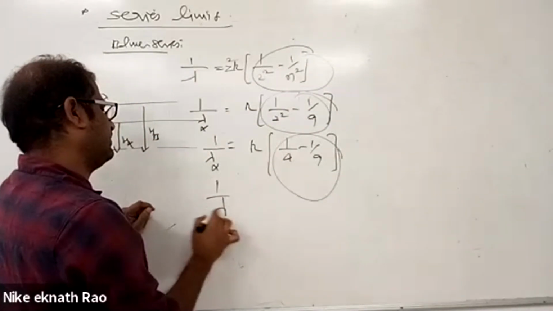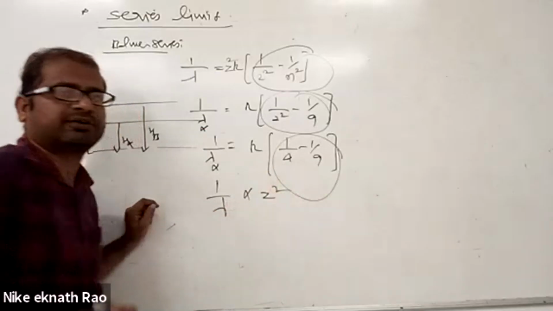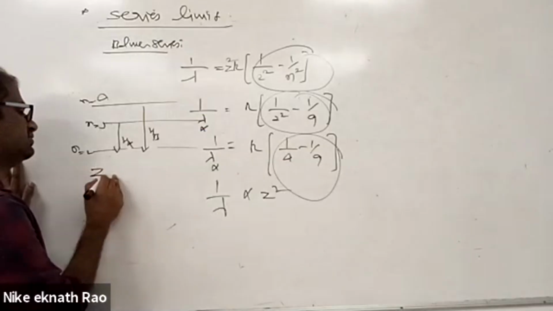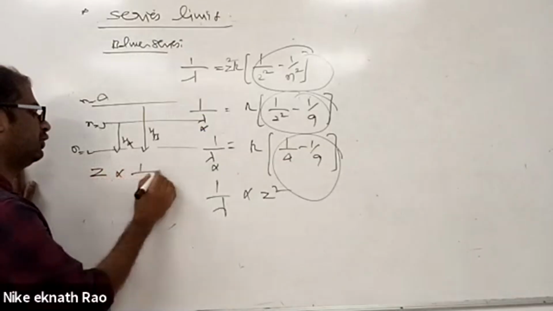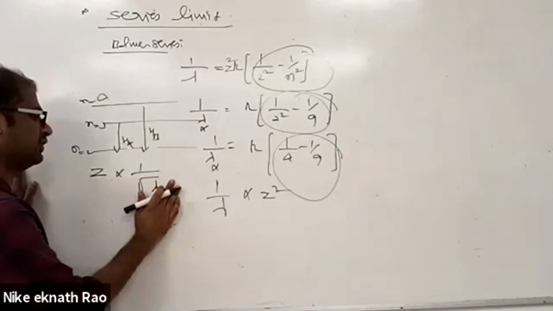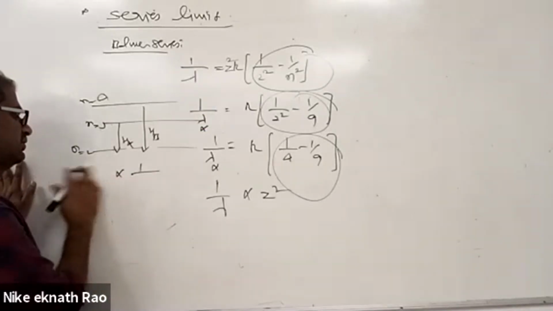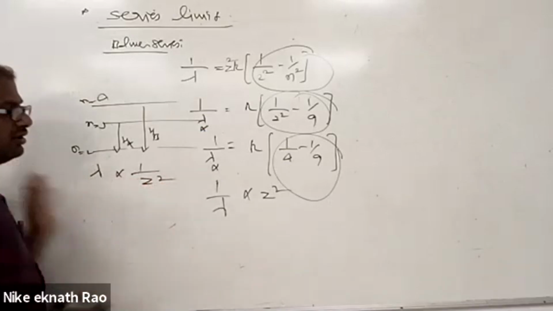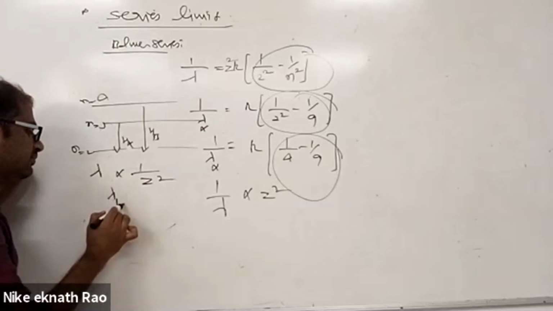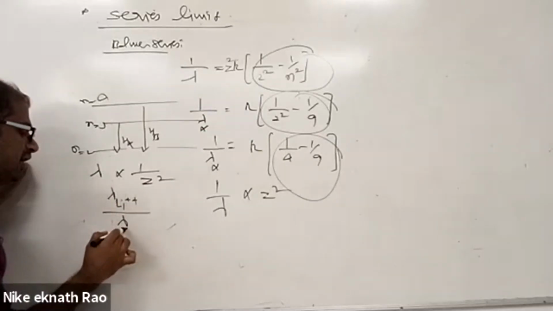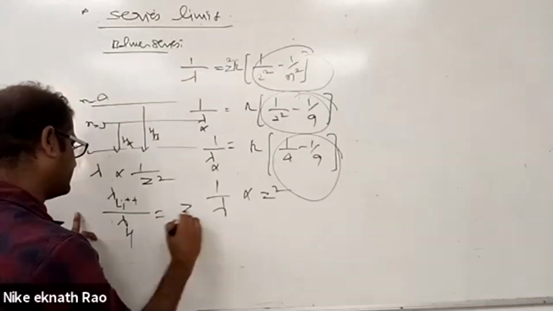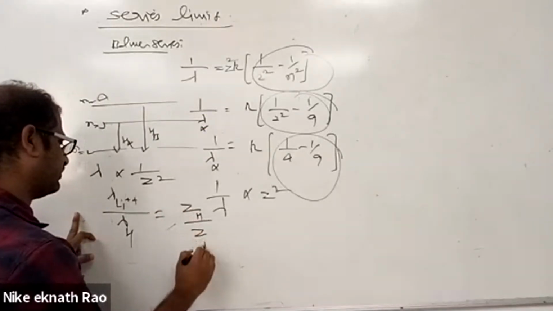So 1 by lambda is proportional to Z square, or lambda is proportional to 1 by Z square. So lambda of lithium by lambda of hydrogen is the inverse relation: atomic number of hydrogen by atomic number of lithium, whole square.